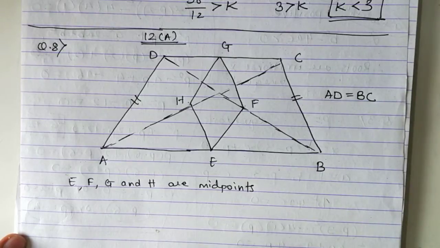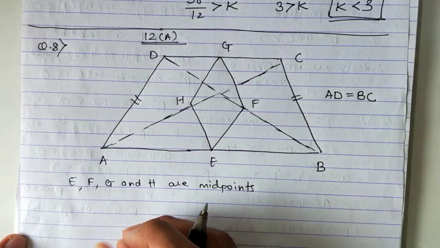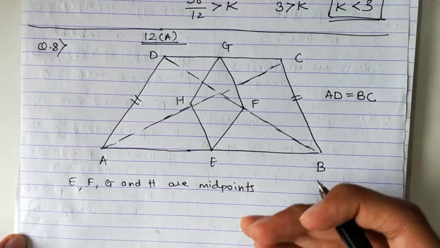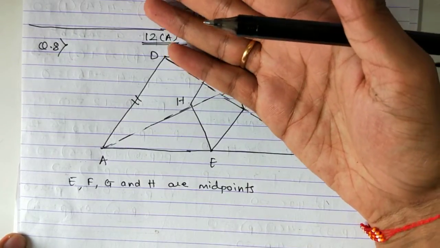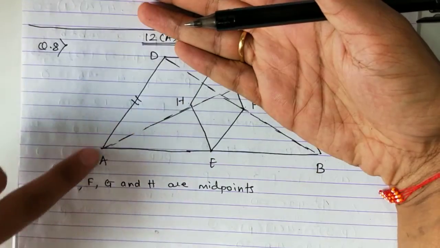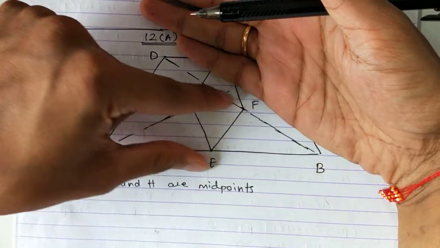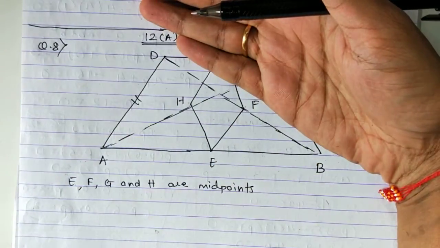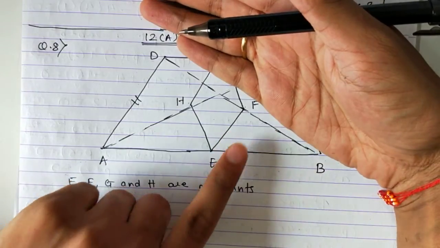So now carefully observe the triangles which I am asking you to see. Look at this triangle. Now in this triangle, E and F both are midpoints, correct?